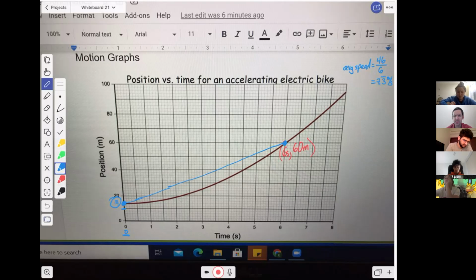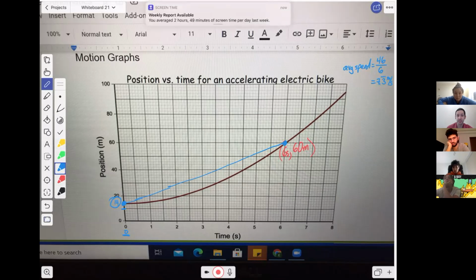I think it was Lucia who mentioned that I could actually get the speed from any point to any other point by drawing a secant like this. A secant just connects 2 points on the curve and then you draw a straight line between them. So that is the average speed.